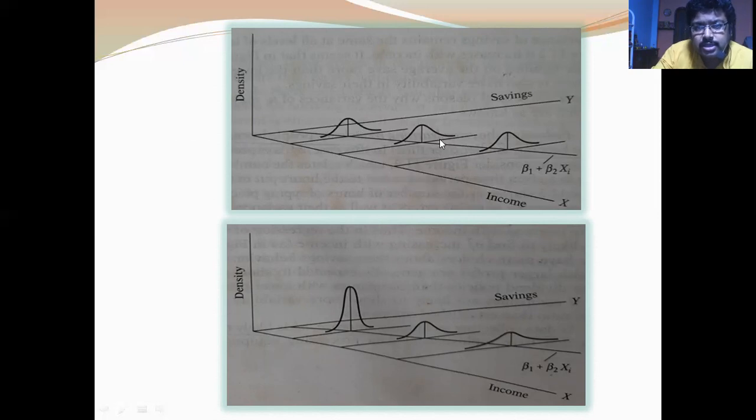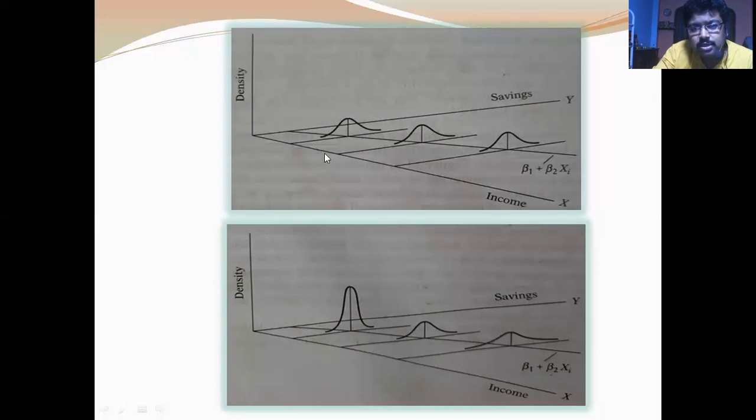As income increases, you can have a closer look at this picture, and this represents the density. Suppose at income x1, the savings is normally distributed, that is, the variance is constant.